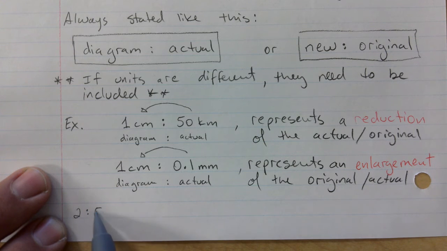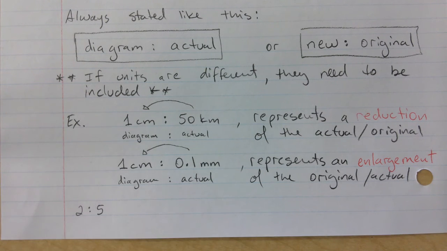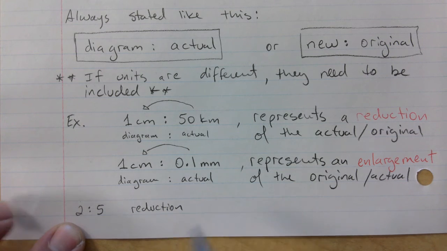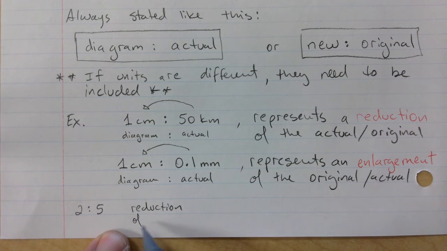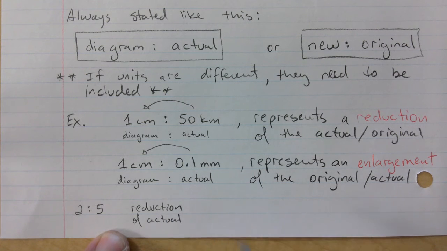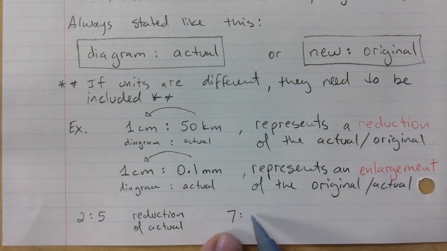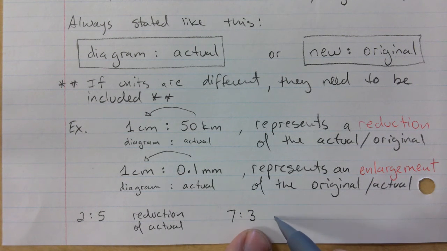2 to 5, obviously they have the same units. This would be a reduction. Reduction of original, or of actual. If you had, right, enlargement.